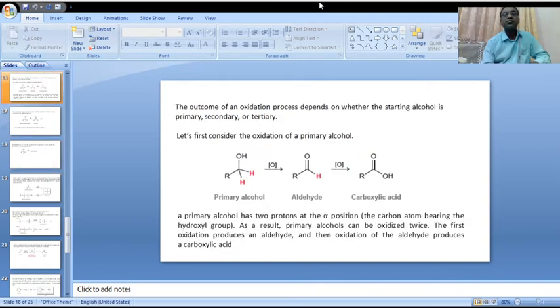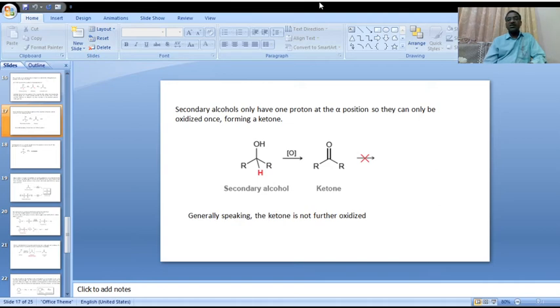Here, this oxidation process depends on whether the starting material is a primary alcohol, secondary alcohol, or tertiary alcohol. Primary alcohol undergoes two steps in oxidation. What is the reason? The primary alcohol contains two hydrogen atoms on the alpha carbon.